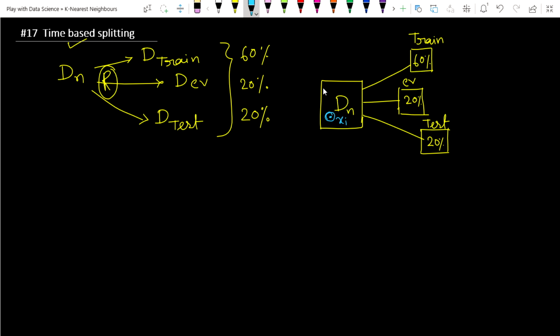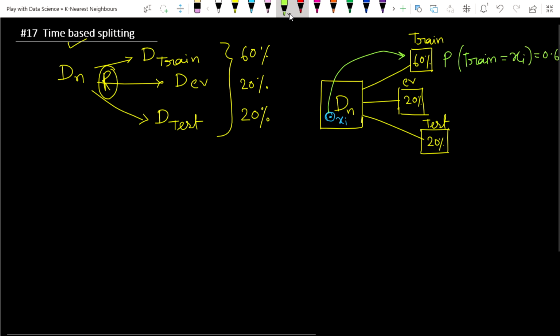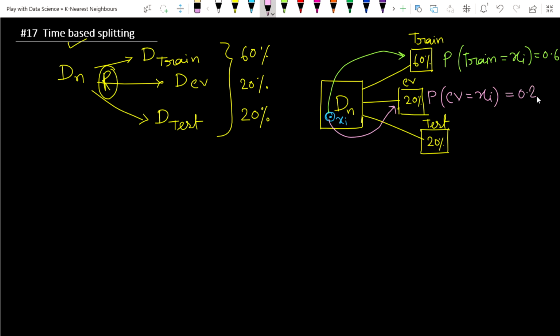So the probability of xi being in train is 0.6, the probability of xi being in cross validation is 0.2, and similarly the probability of xi being in test is also 0.2. I think you have understood this.